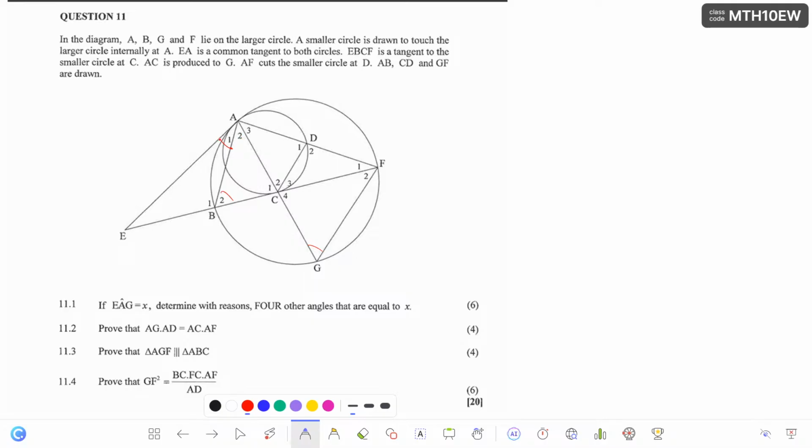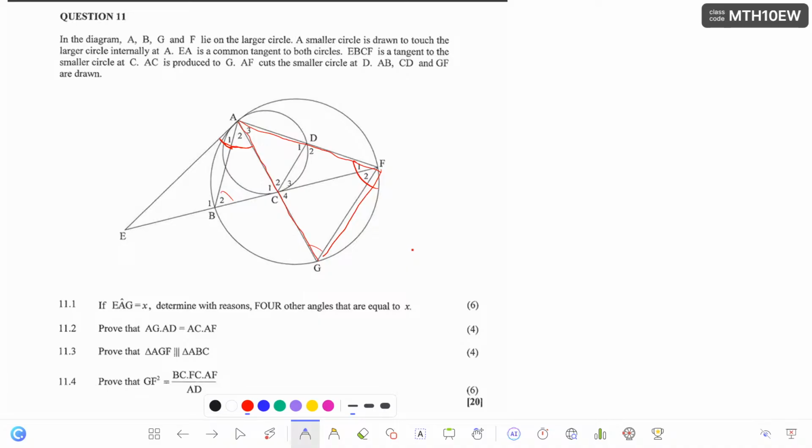Okay, so this one up until here, yes, because this line and this triangle, so now I can say this angle is equal to this one.